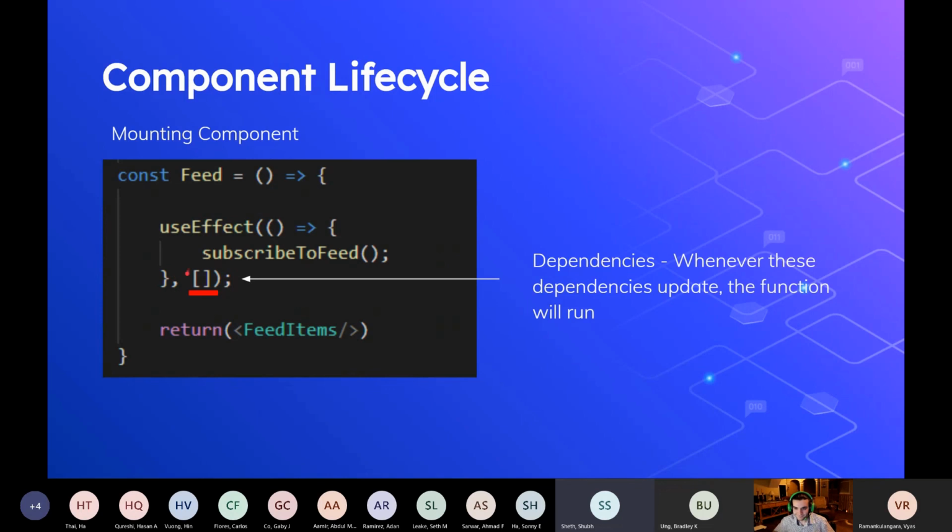Along with the callback function you pass, you can also pass in an array of dependencies. You can have states that you specify in it, so it wouldn't update every time, but only whenever any dependency you have mentioned updates in your component.